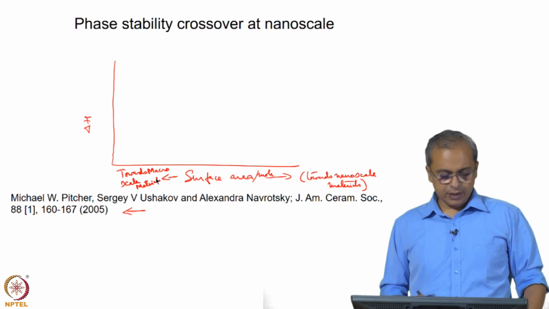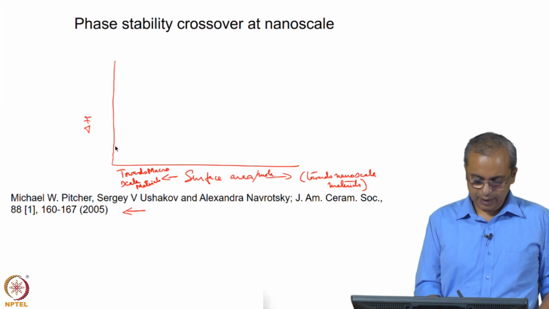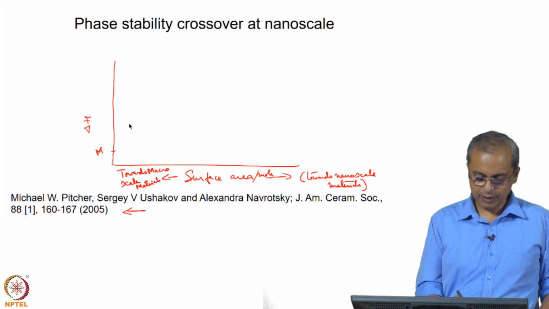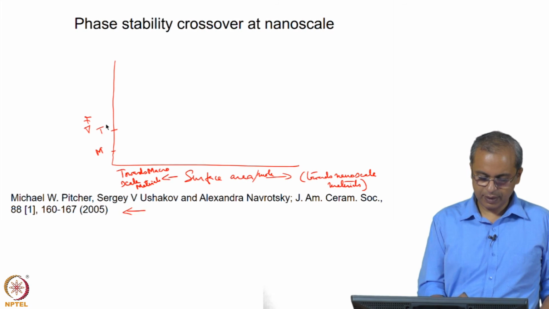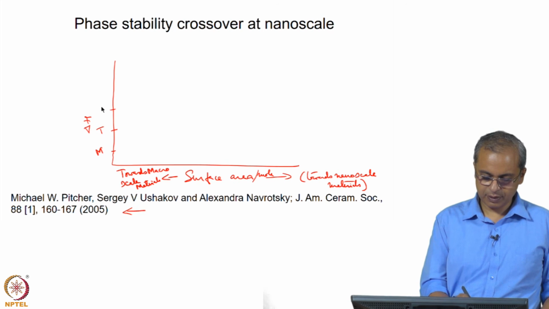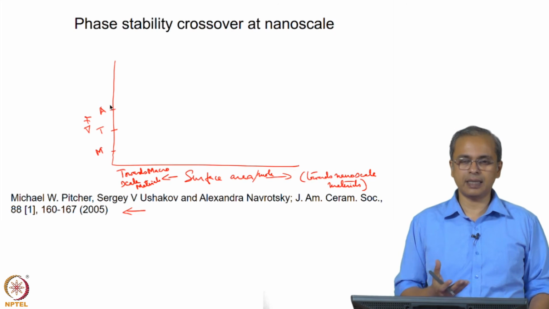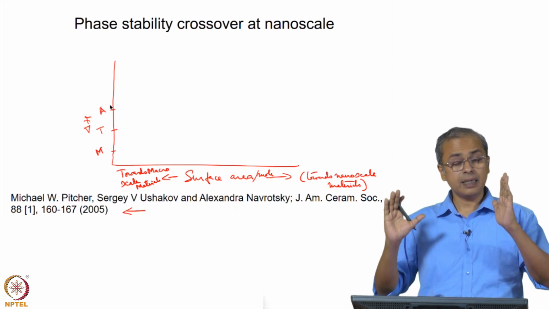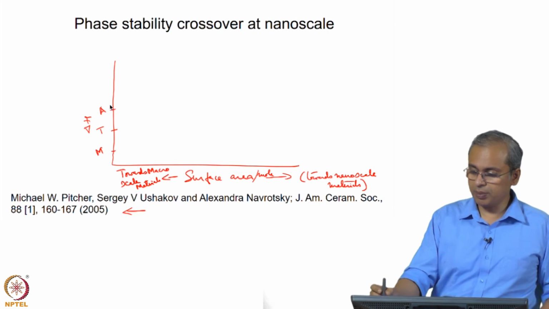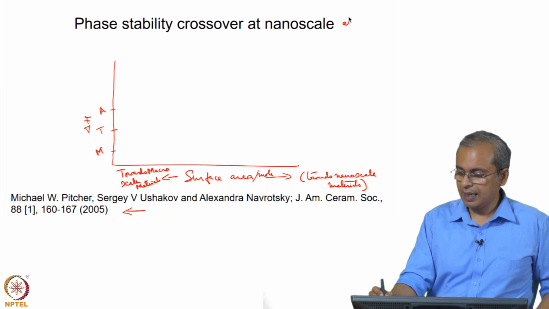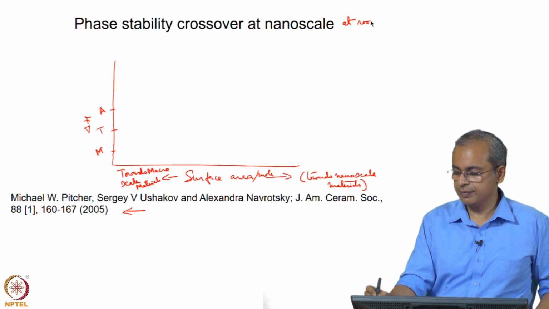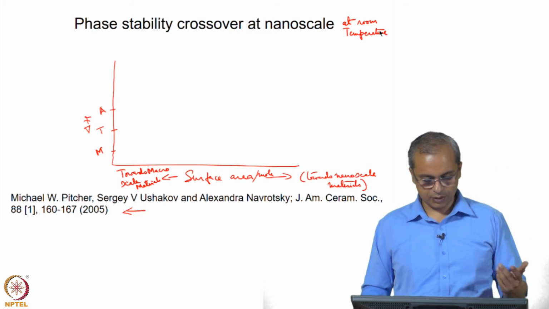Actually, it turns out that you will see monoclinic, you will see tetragonal, and let us say you will see amorphous. Cubic we have not plotted here because in their system they are not able to see cubic at room temperature. So, this is all at or near room temperature.